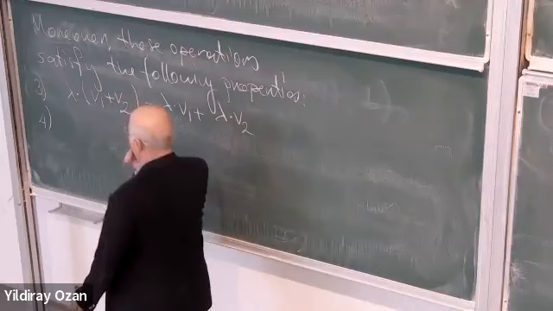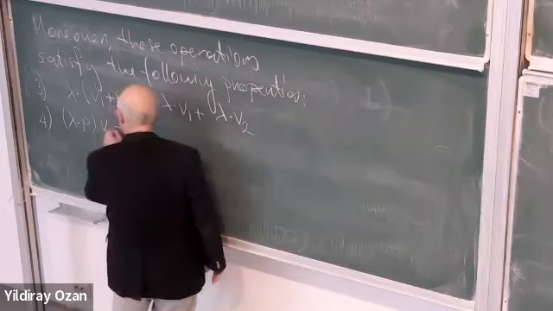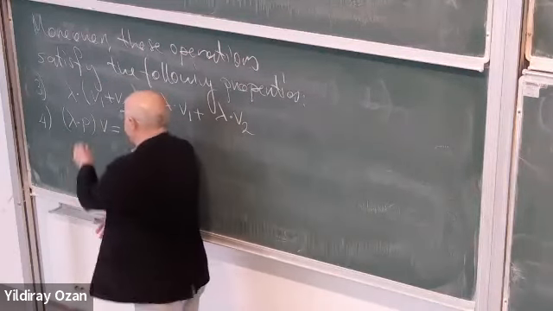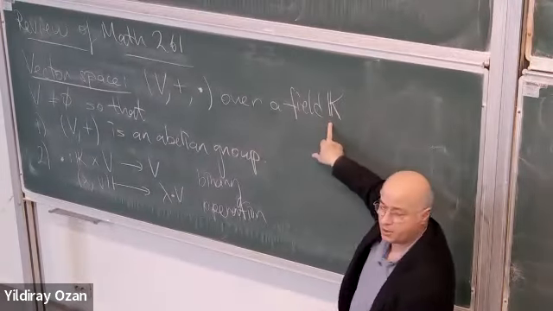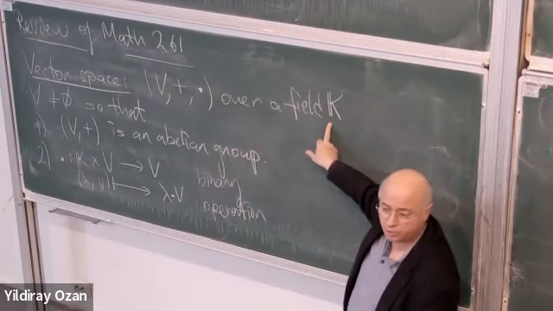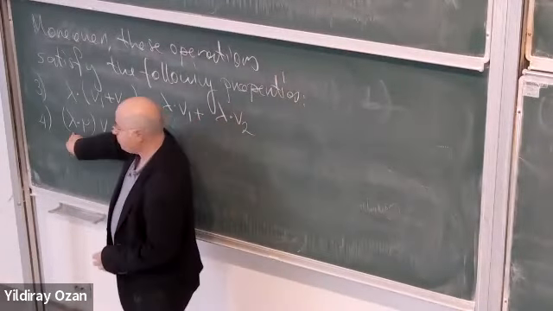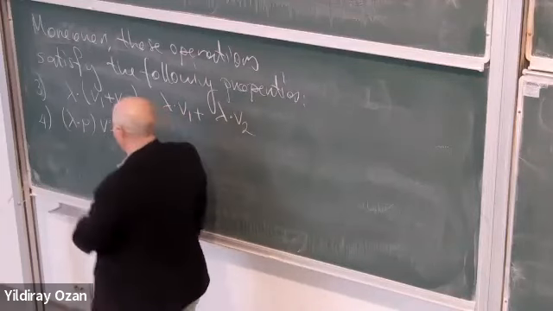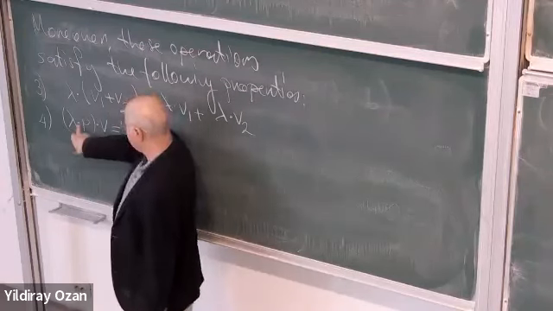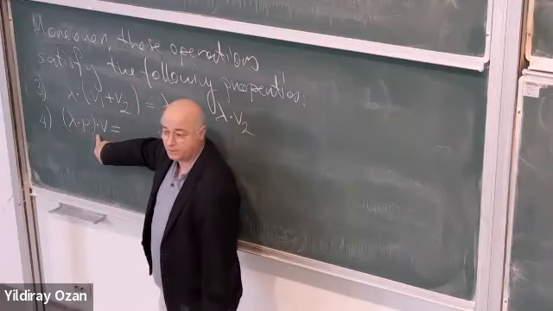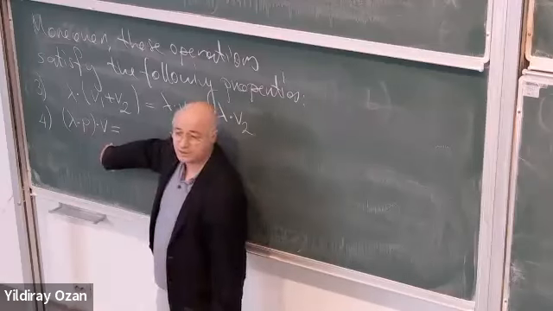What else? If you have two scalars and you multiply these scalars in the field K, so it's the field and it has its own addition and multiplication operation, right? Here this product is the product of the field elements, and then we multiply this product with the vector B. So this product and this product are different things. This is the product of two field elements. This is the product of a field element with a vector.